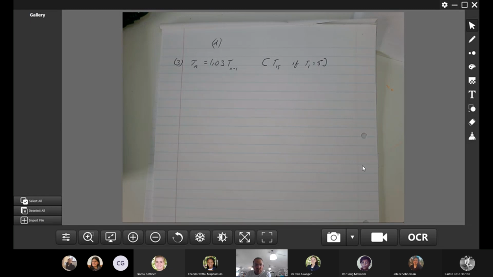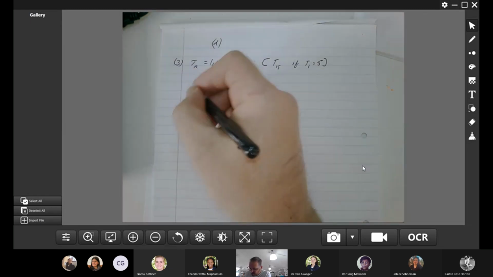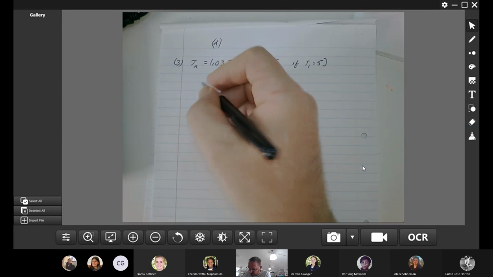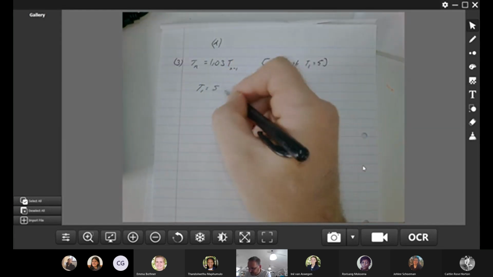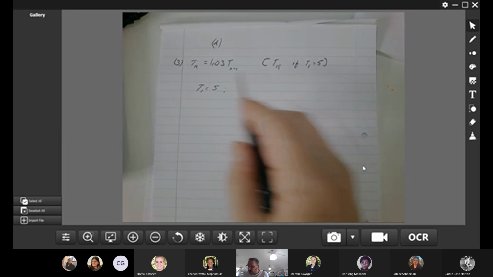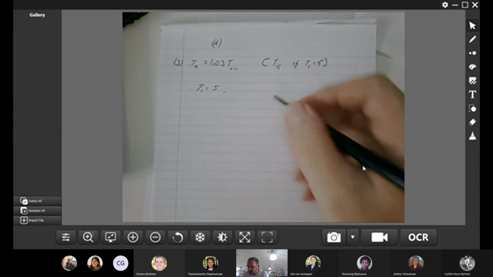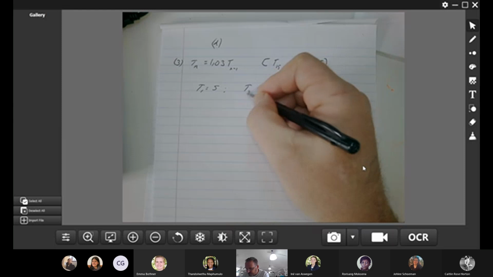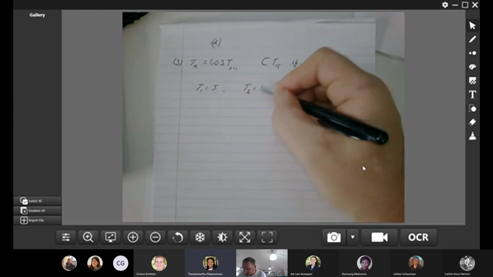T1 is 5, right? According to this formula, to get a term from the term before, what do I do to the preceding term? You have to multiply by 1,03.